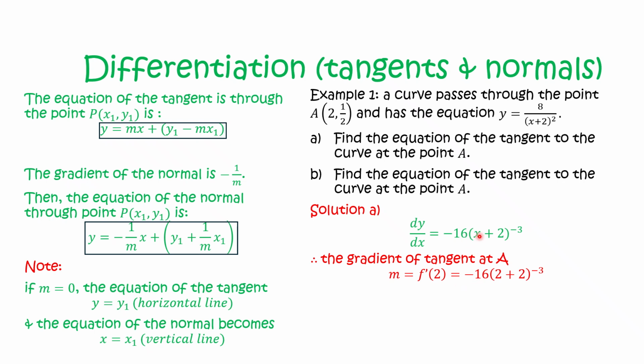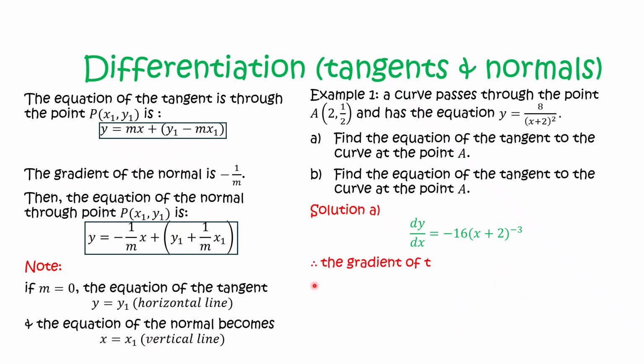Now from dy/dx, we substitute x by 2, so that we have minus 16 times (2 plus 2) raised to the power minus 3. This simplifies to minus 16 times 1 over 64, which is equal to minus 1 over 4. So that will be the gradient of the tangent.